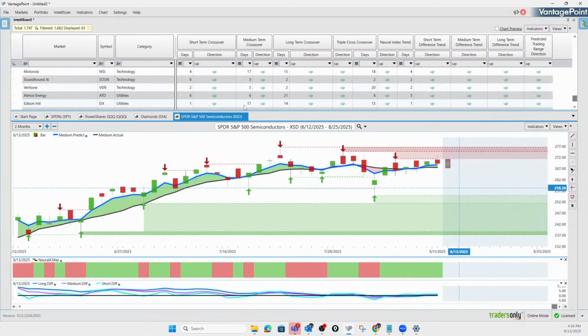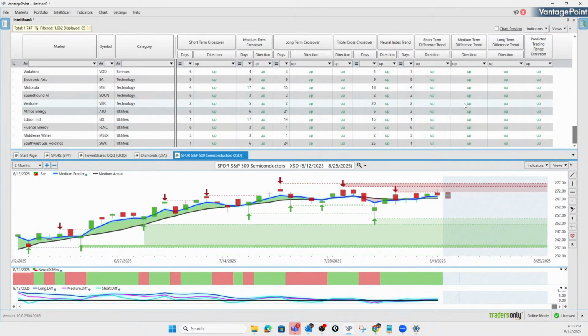So as we can see, we can take a look at some of these markets here. We may be seeing several markets, there's 65. That's still a lot of opportunities here. Now we're filtering through 1,747 assets here, right?